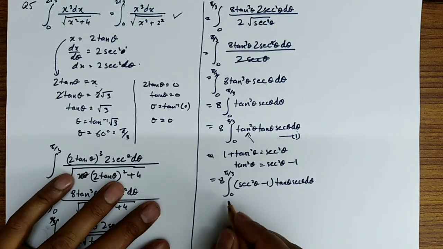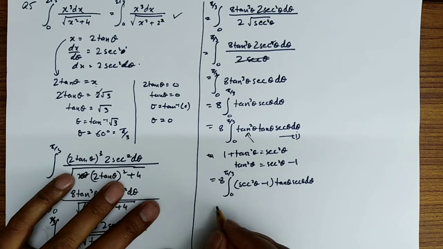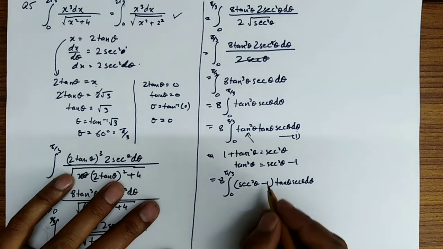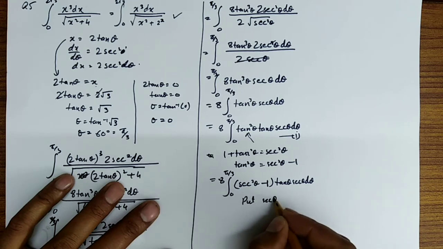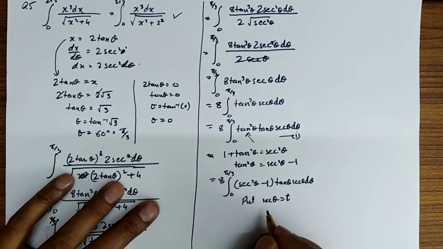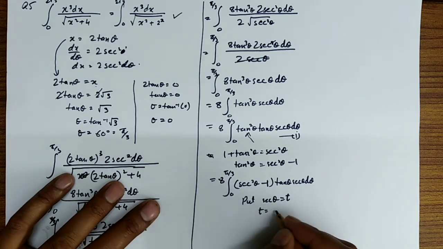Okay, now further we are going to substitute. Suppose that put sec theta is equal to t. Okay, now finding the derivative, or you can write this as t is equal to sec theta.